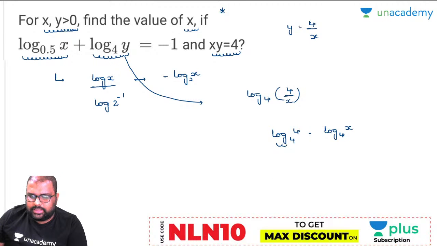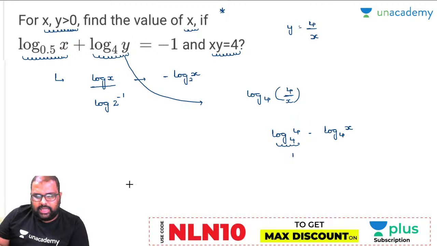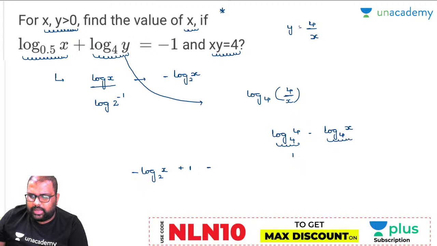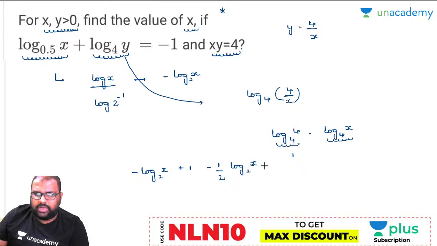Now how much will this value be? Will it be 1? So finally I am writing the entire equation as a single line: minus log base 2 of x, plus 1, minus, can I write log base 4 of x as log x by log 2 squared, 1 by 2? Finally this becomes minus 1 by 2 log base 2 of x. Let me know yes or no, and which is equal to minus 1.